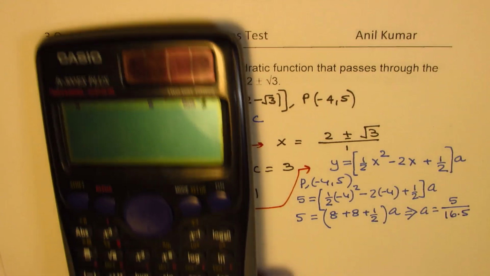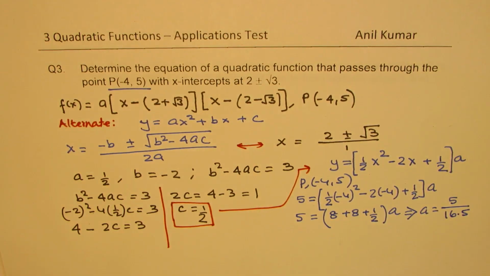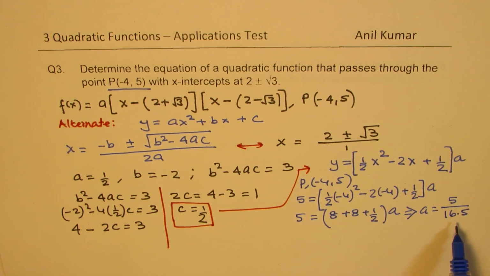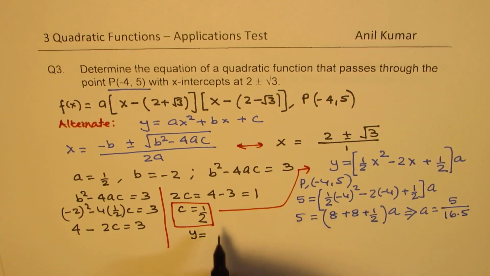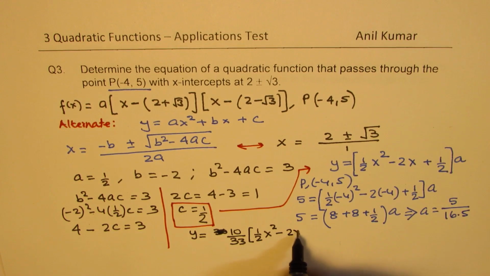What do you get? You have to divide 5 by 16.5. Multiplying by 2 will give you 10 over 33 as the value of a. So this should be 10 over 33, correct? So we get y equals 10 over 33 times (half x squared minus 2x plus half), correct?